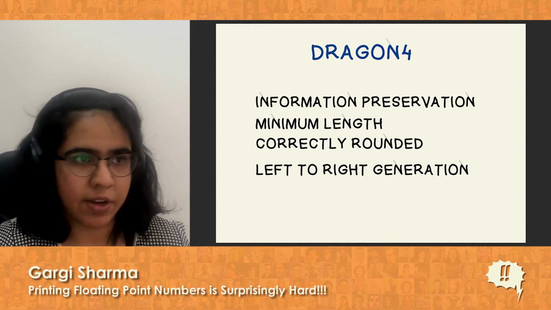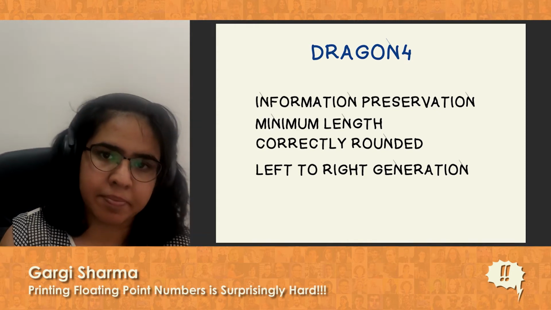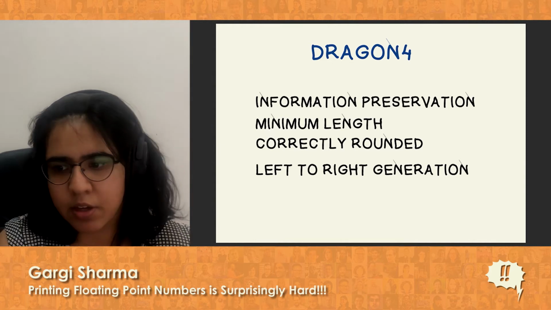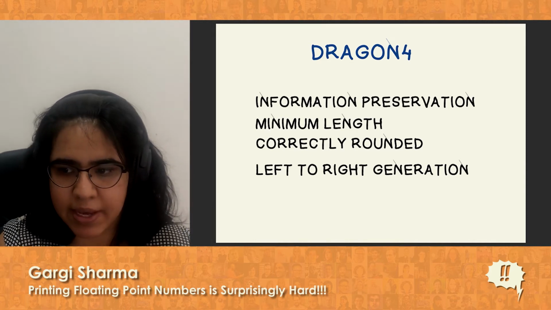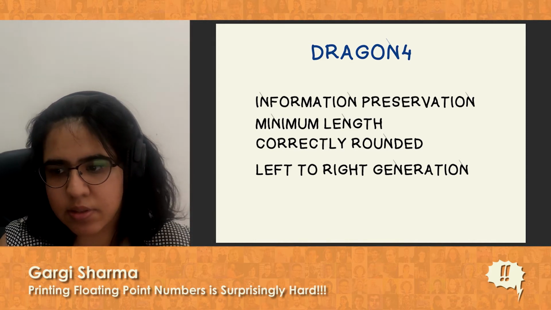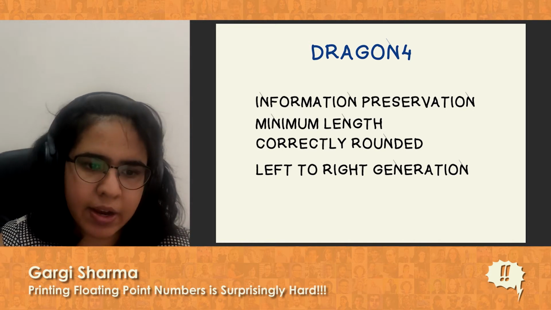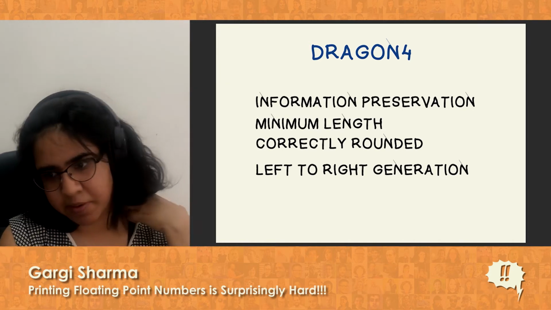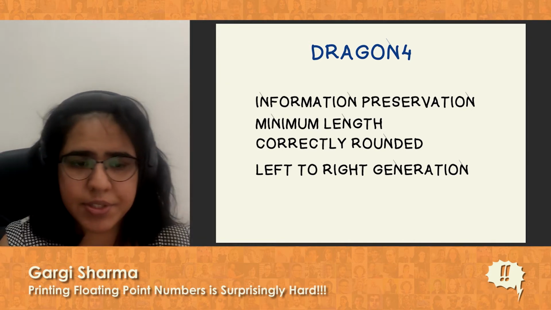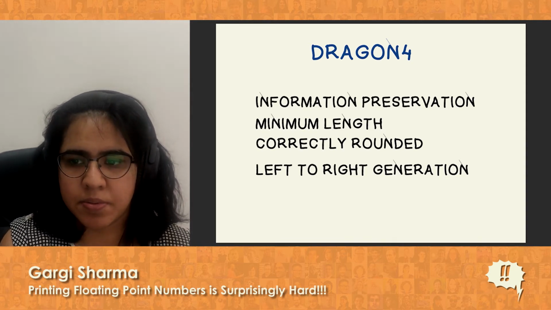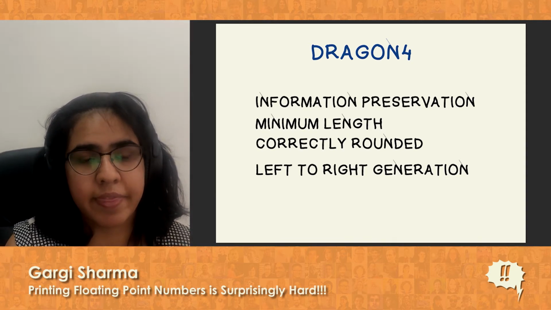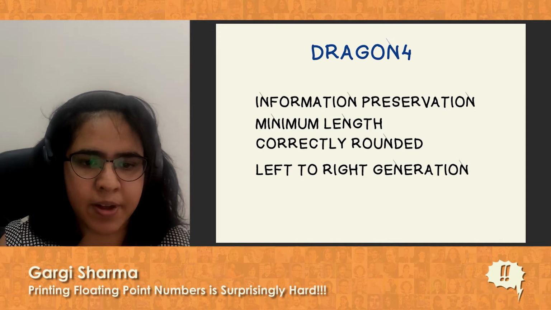The idea is that whatever you write and read back should be the same number. Second is minimum length, meaning whatever is in the interval, you get the shortest number possible.